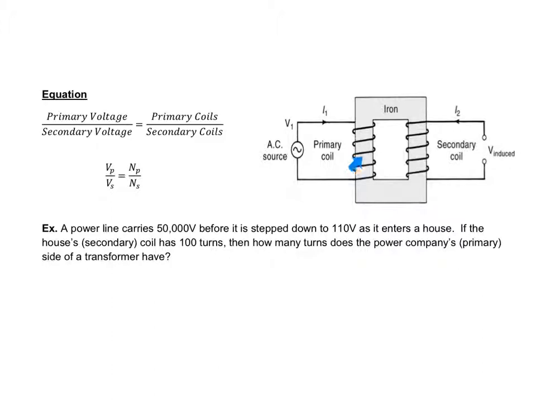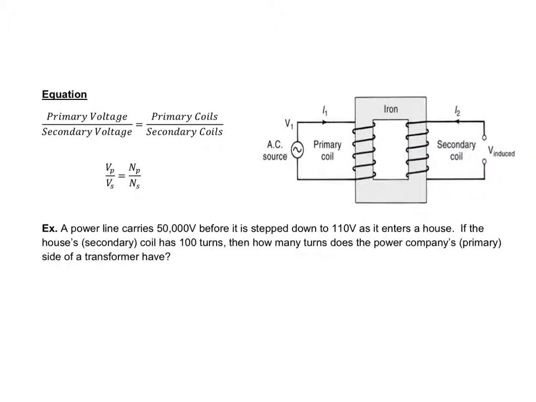So the amount of coils on the left are equal to the amount of coils on the right in this case. My equation says primary voltage divided by secondary voltage equals primary coils divided by secondary coils. So we're counting the number of loops on my primary side compared to the secondary side.